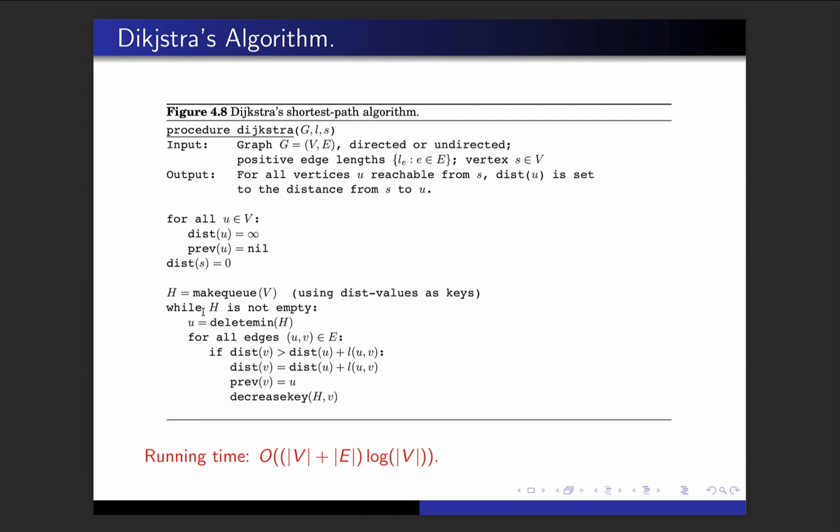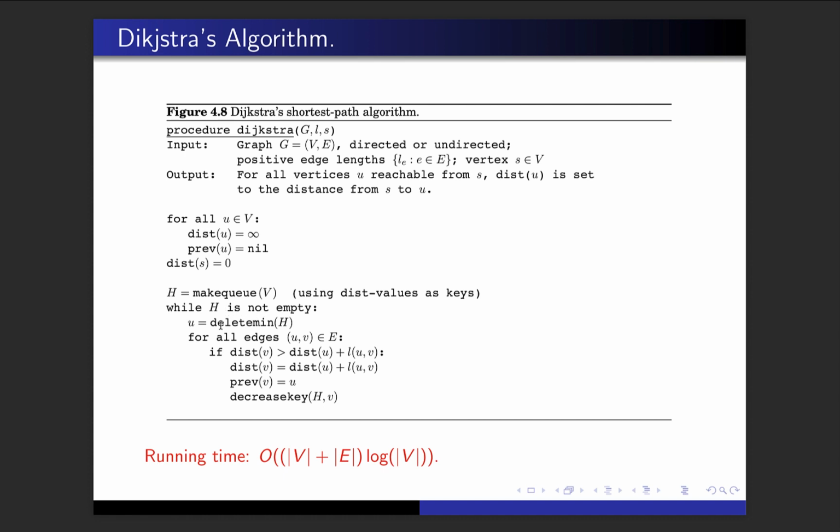And then we have to do these operations. Every time we loop through the set h, we do this delete min, which we just saw takes time log of the number of vertices. And we have to do this n times, or v times, because you have to do this for every vertex in the queue.